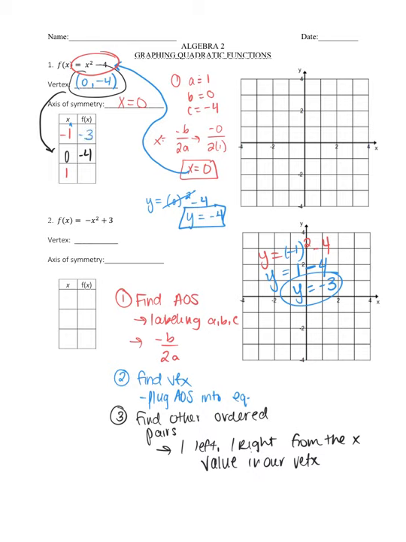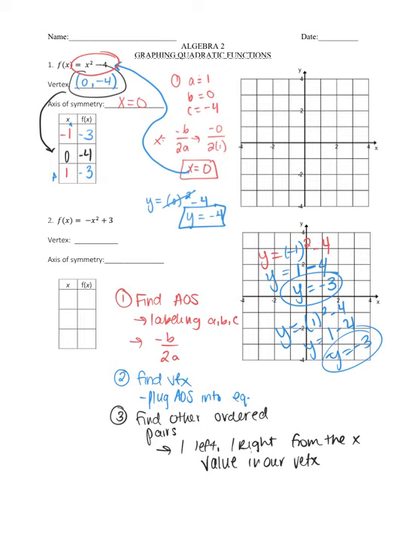So now you've created another coordinate pair. Okay? And then once again, now we need to plug in this positive 1. So we have y equals 1 squared minus 4. Once again, 1 squared is 1. 1 minus 4 equals negative 3. So when your x is 1, your y value is also negative 3.